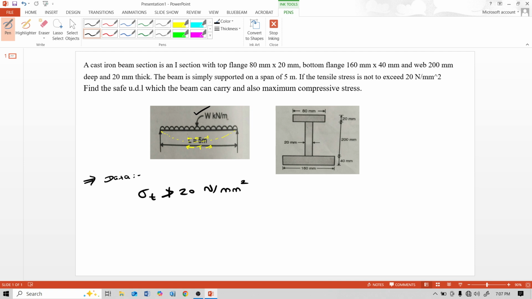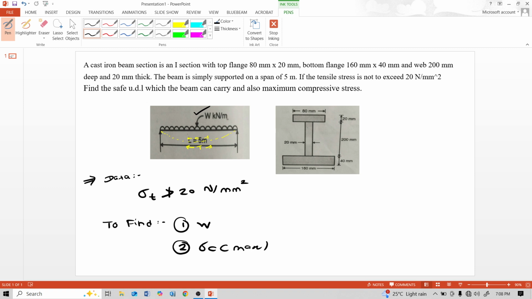Other data are the span length capital L, 5 meters, and the other dimensions in this cross section. We have to find this W, the uniformly distributed load, and second, the maximum compressive stress, that means sigma C maximum.